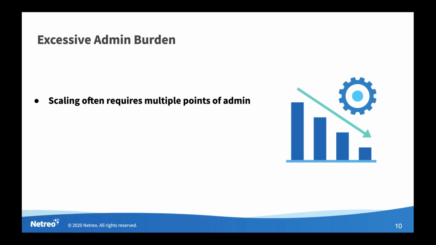Scaling these systems often also means we're adding multiple different points of administration within the environment. So if I have to constantly add a new user interface or a new admin interface to be able to configure a new feature, and it's not quite the same as the old one, it can really create a lot of training problems, it can create a lot of adoption problems, and it can really drag out the amount of administration that's required to keep that system working.